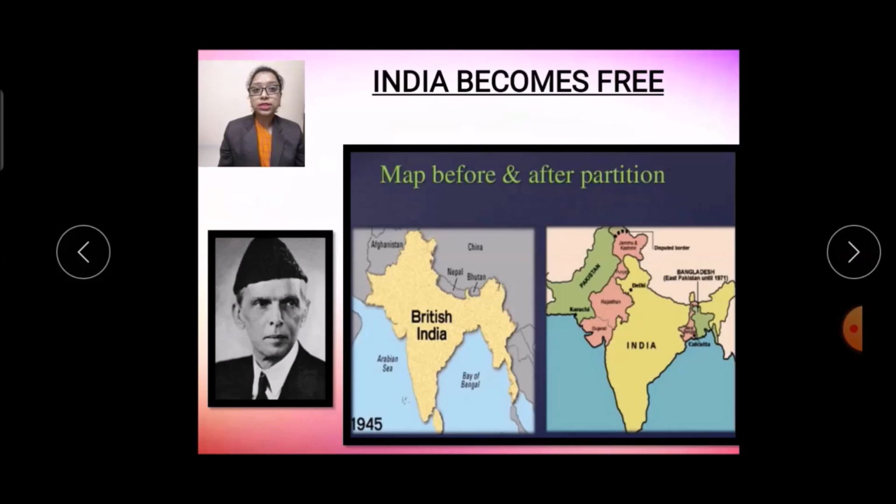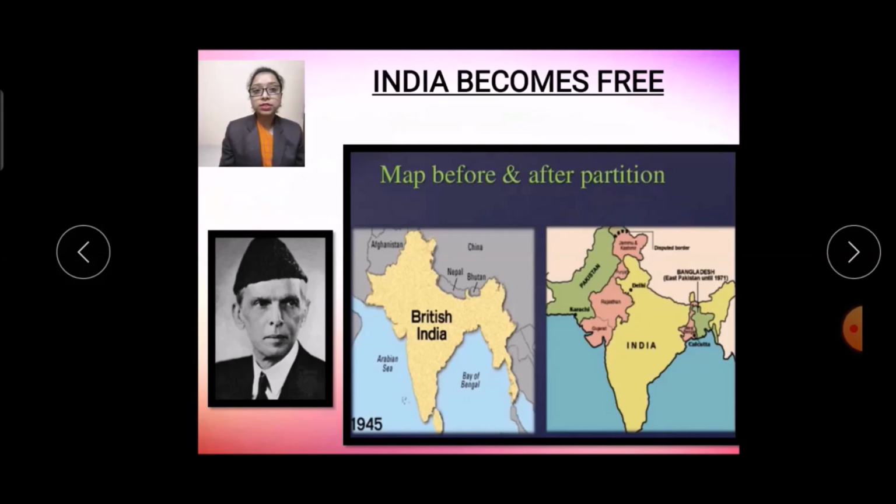So when World War II ended, the British understood that they could no longer keep the Indians in their control. The Quit India movement and the Indian National Army had shaken them. So the British agreed to move out of India and started discussions with the Congress and the Muslim League.